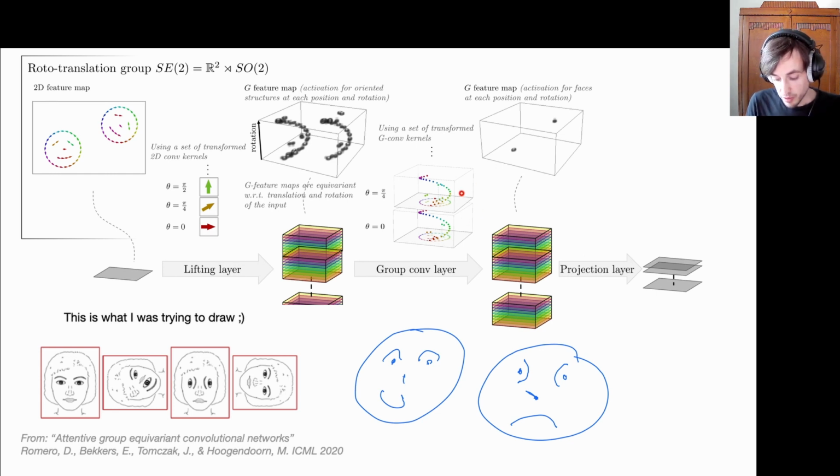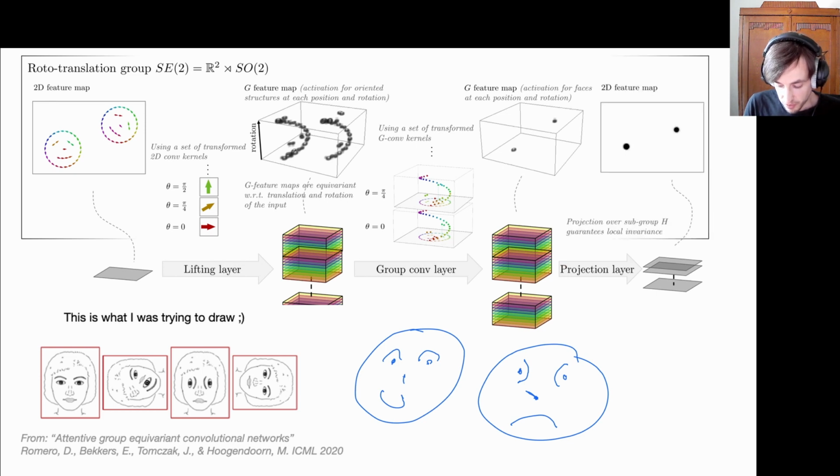So then these group convolution layers indeed detect these more advanced patterns. For example, a face at this location and orientation, and a face at a different orientation. Right, this one is rotated relative to that one. And if you want to be completely invariant to the precise orientation of the face, I just want to know, is there a face in the image? Then I take a max projection, for example, or a mean pooling over this vertical axis.